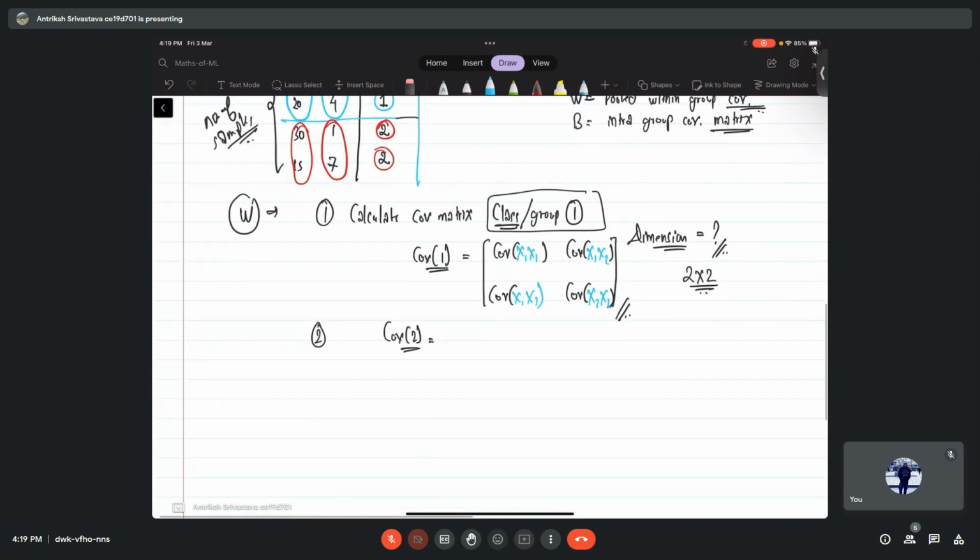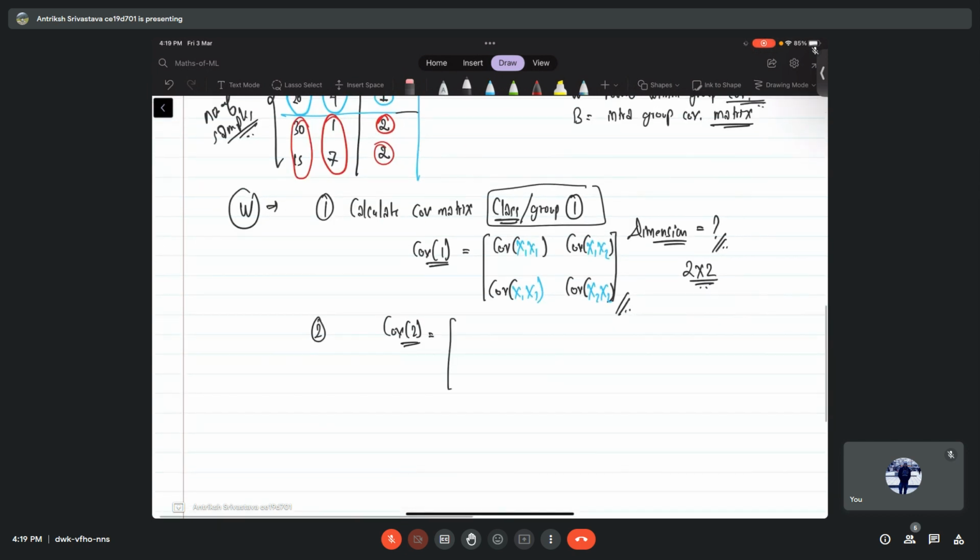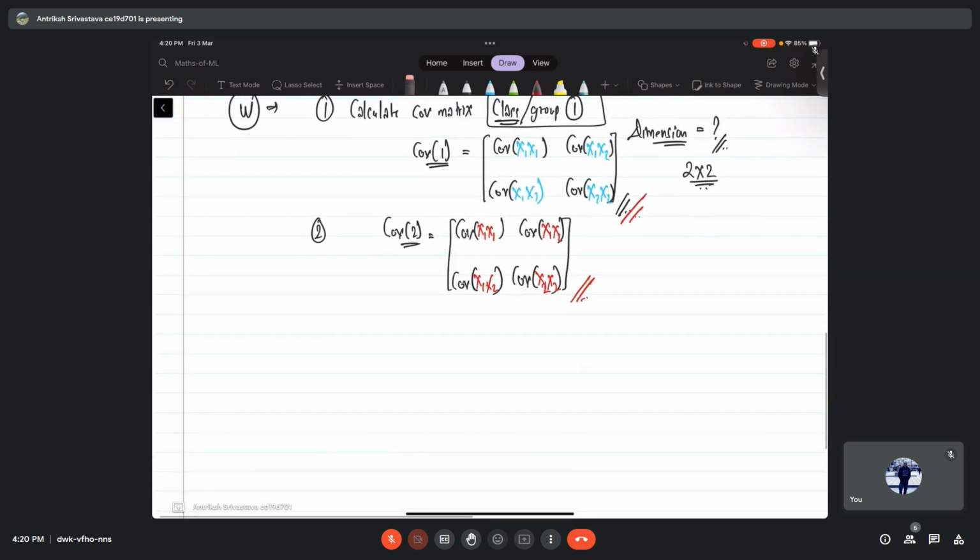And in case of group 2, we have the same matrix, just the values to calculate the covariance will change. So this is how we calculate the covariance of group 1 and covariance of group 2.